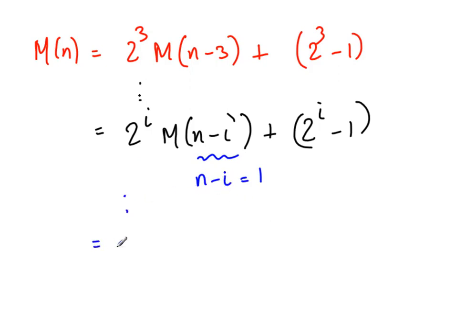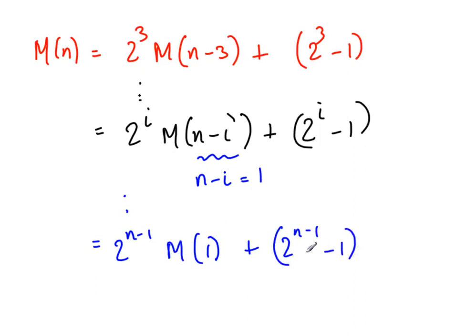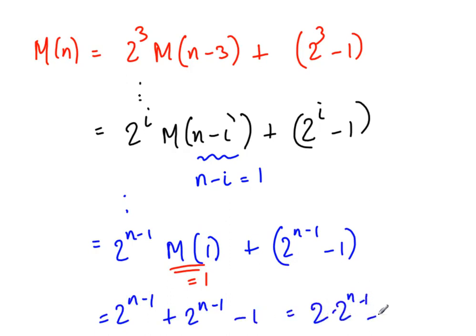So eventually we get 2 to the n minus 1 m of 1 plus 2 to the n minus 1 minus 1. Remember that m of 1 is just equal to 1. So this becomes 2 to the n minus 1 plus 2 to the n minus 1 minus 1, which is equal to 2 times 2 to the n minus 1 minus 1, which is 2 to the n minus 1.